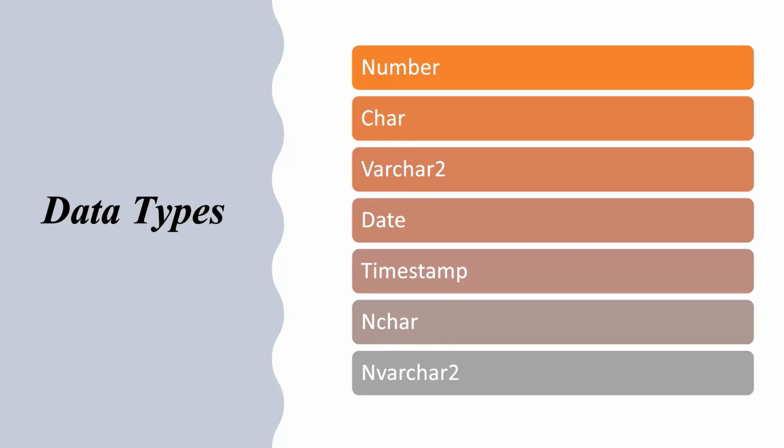But nchar and nvarchar2 are capable of storing Unicode values. If you know what is meant by Unicode values, then that is good. If you don't know, don't worry, because it's not going to play a key role in this SQL training. Now we'll go back to our document.